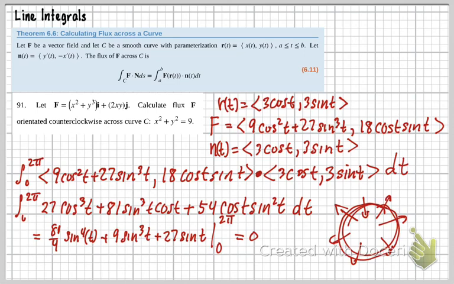So either all the vectors are doing nothing for me, or they're canceling each other out by maybe a portion going inward and another portion going outward. So it could be something like this going on, possibly. And we wouldn't know unless we graph the vector field and the curve on that to see what the vectors are doing. All right, but there we go.